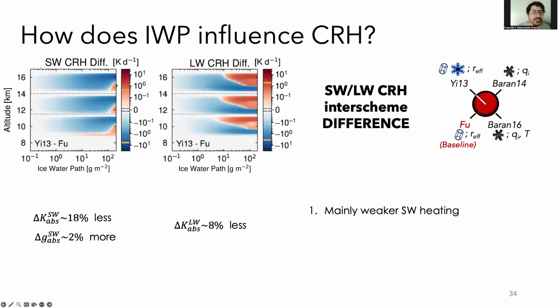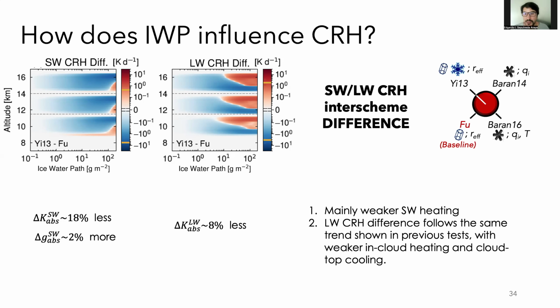So we have more ice crystals here, and also more forward scattering, so that can enhance transmission of shortwave radiation that can reach lower layers in the cloud layer, and that can enhance absorption and increase the shortwave heating.